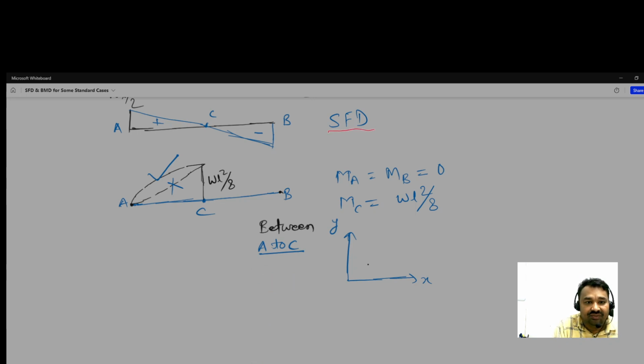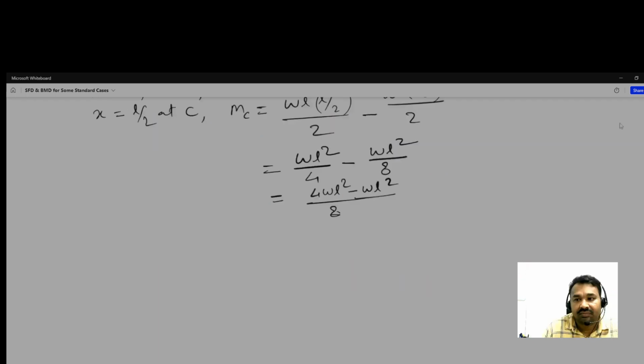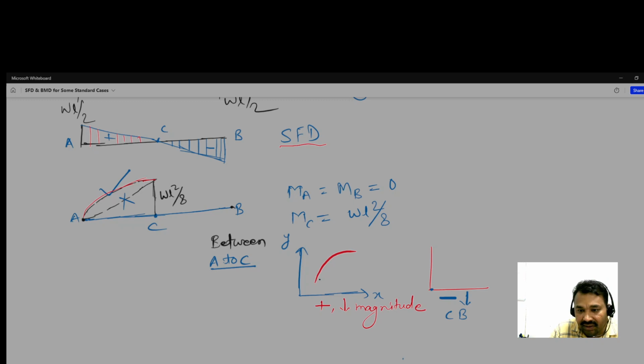Between A and C, the magnitude of shear force is decreasing, but it is positive. Sorry, if you see C to B, what is happening? Magnitude is increasing, but in the negative direction.